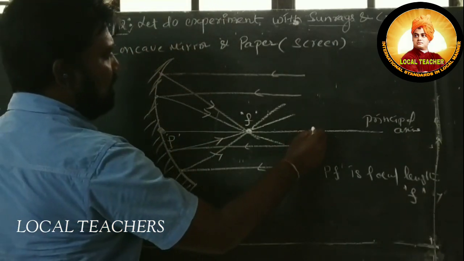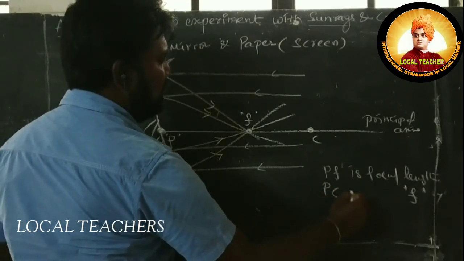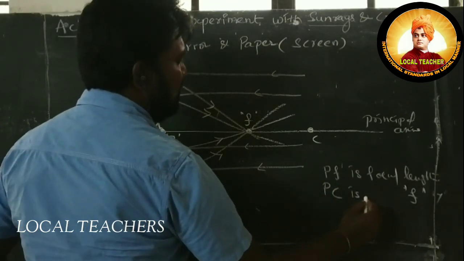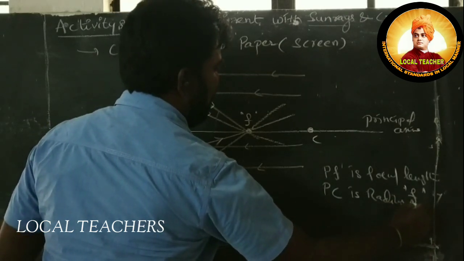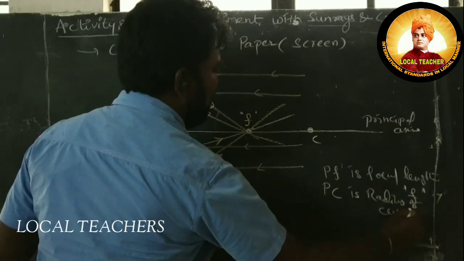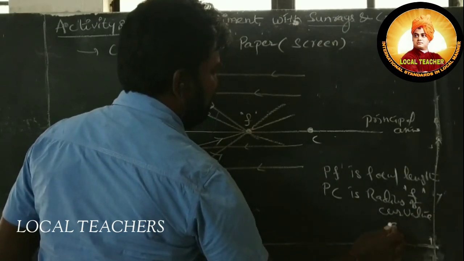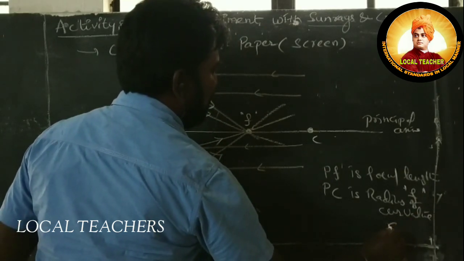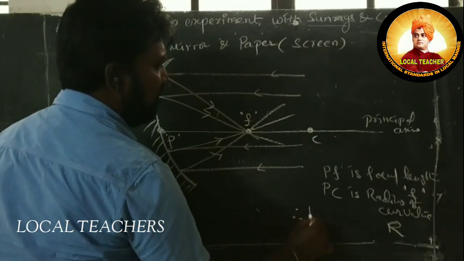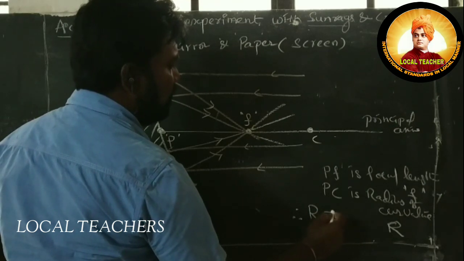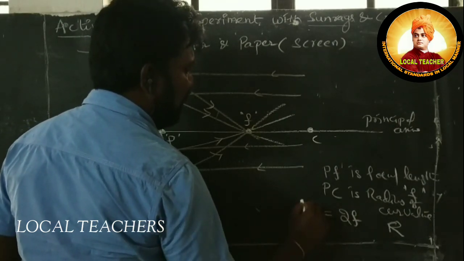Okay. So consider here the center of the curvature. The distance between P and C is radius of curvature. So it is denoted by capital R. Therefore here the radius of curvature capital R equals twice the focal length.